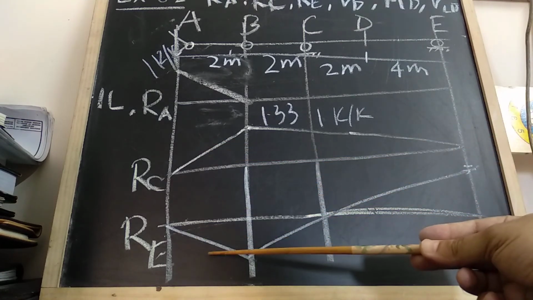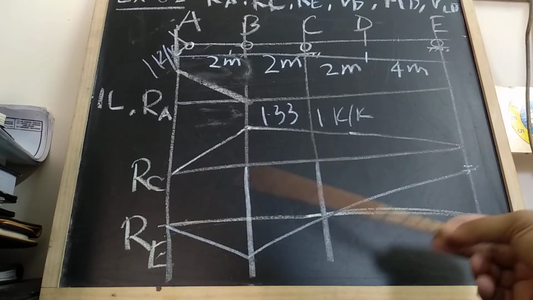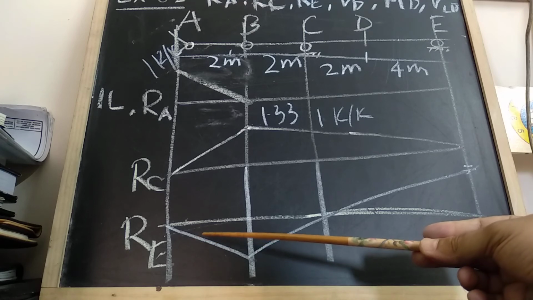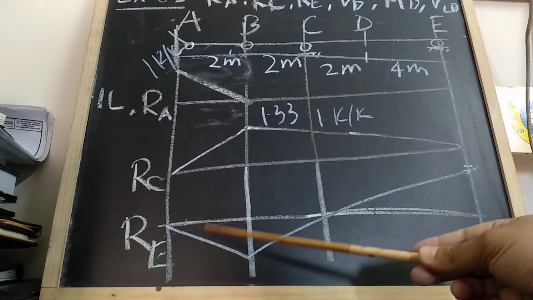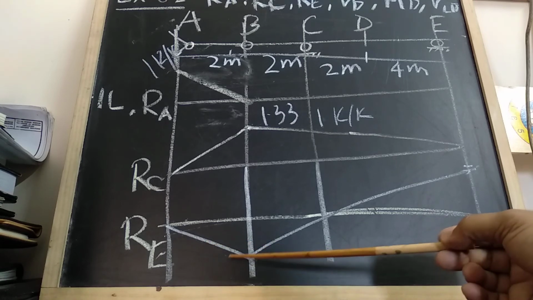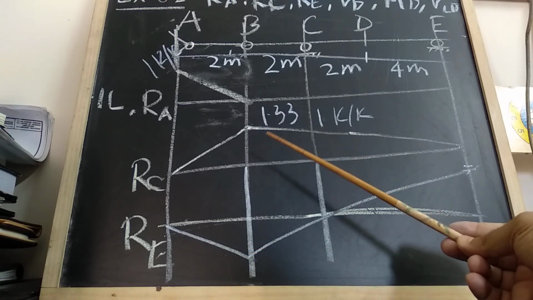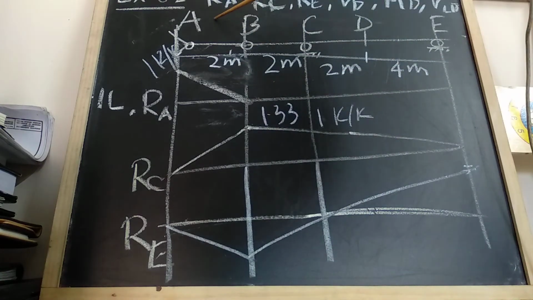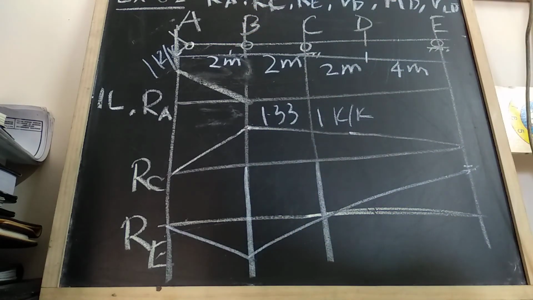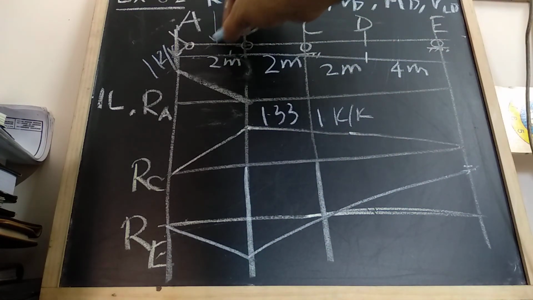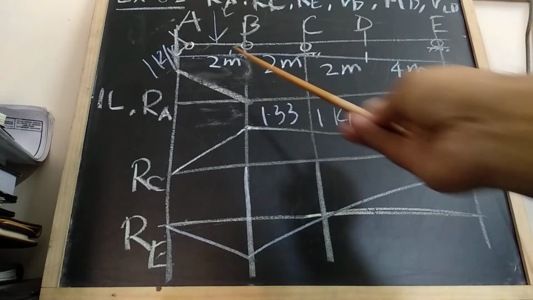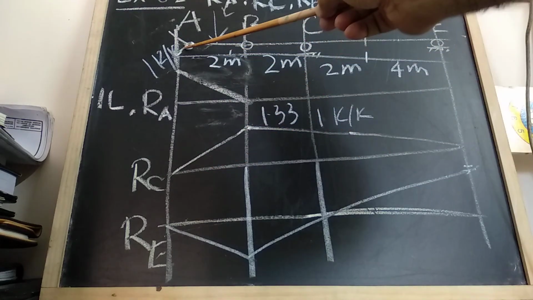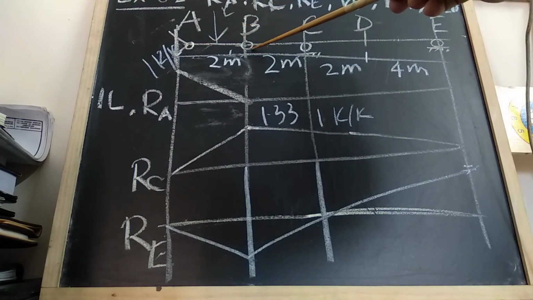At reaction at E, starting from 0, because there is no influence when the one kip is at A, then it is decreasing, because I already told you, if you have a load here, one kip, say at the middle of this beam, maybe here is 0.5, here is 0.5, here is also 0.5.